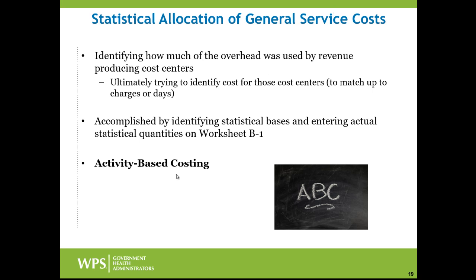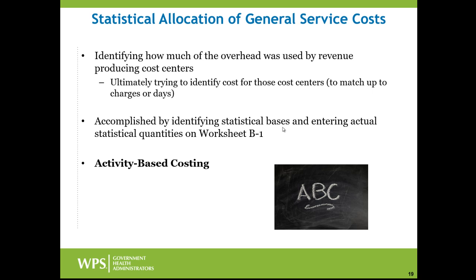Now, for those of you that have an accounting background, or maybe you know this term for other reasons, there is this idea of activity-based costing, or ABC. It's a cost accounting concept, and the idea is that we're taking these costs that have already been broken out into multiple cost centers, we're identifying certain statistical bases, another term for which is a cost driver, something that we can measure that shows how much of that cost belongs in a certain area, how much of that service has been used.